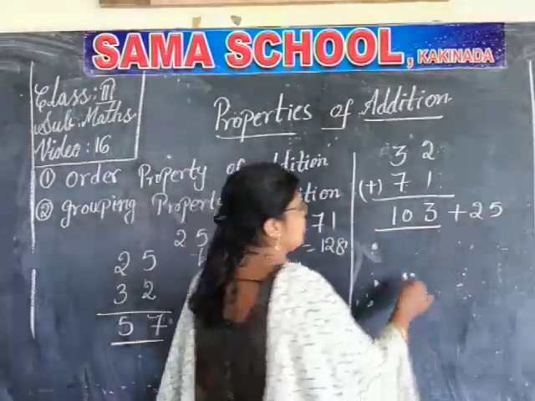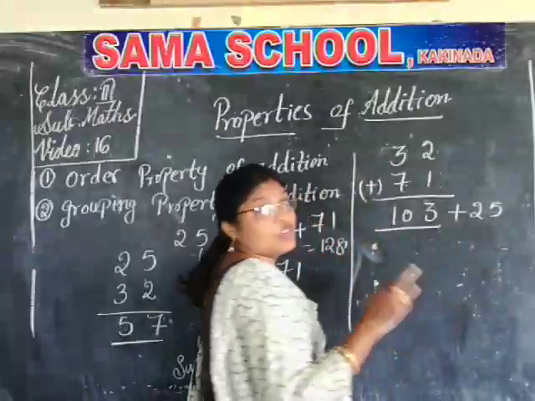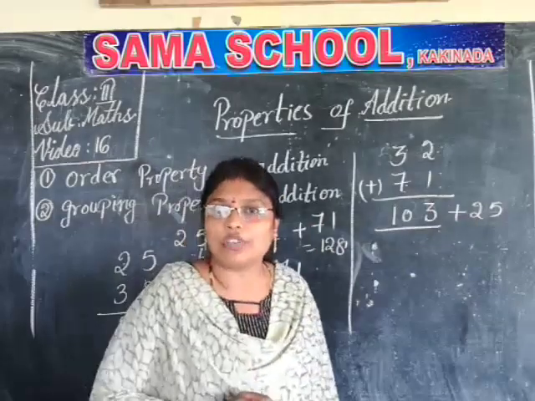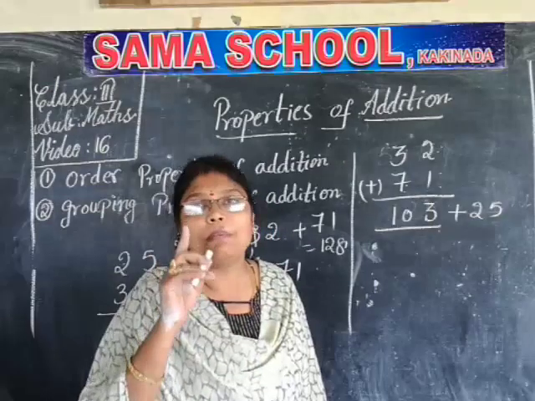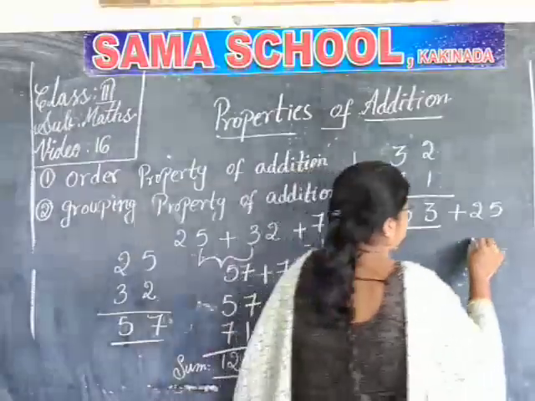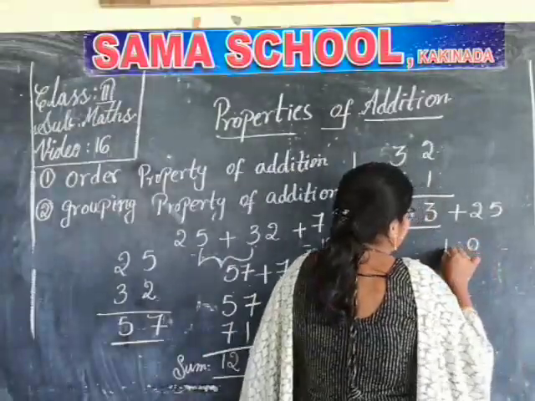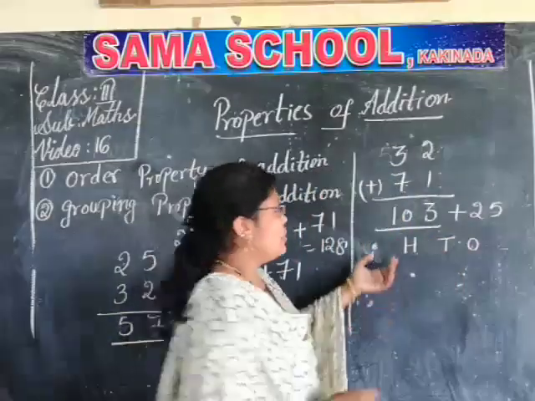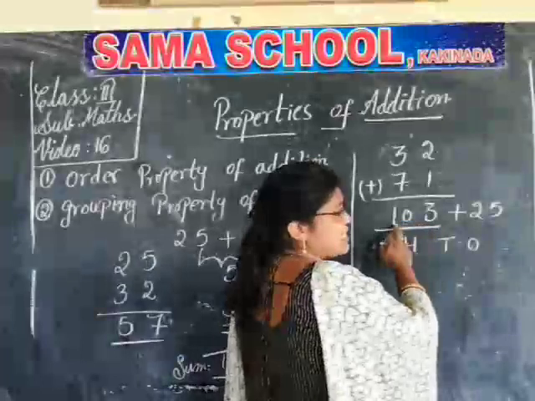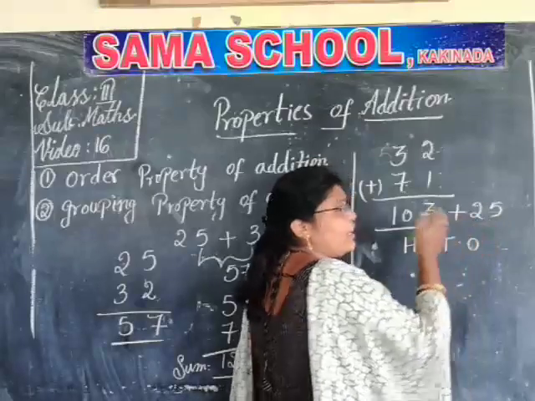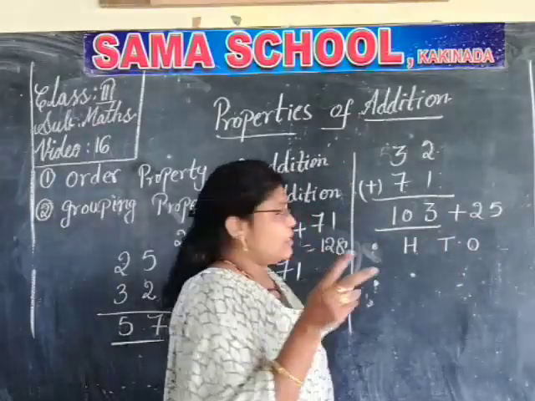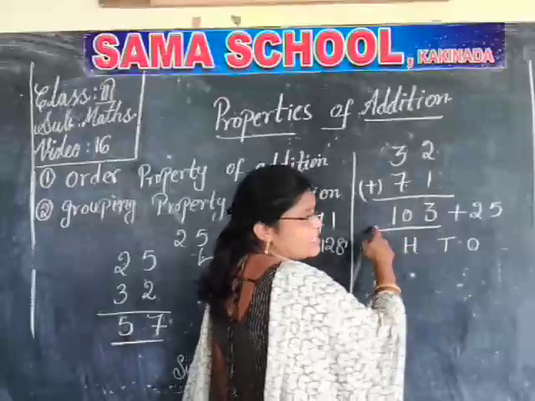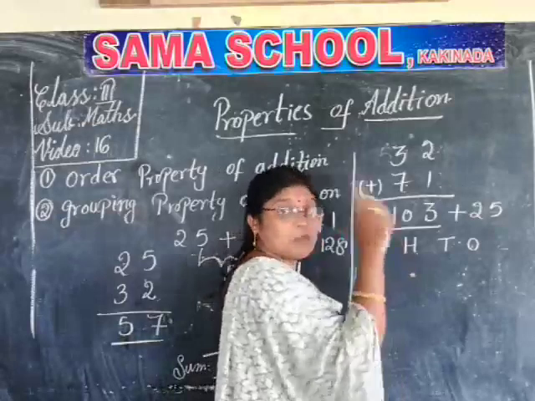First you have to arrange. I told you, children, to arrange the numbers, what do you have to do first? Write the place values: ones, tens, hundreds. Here we have a 3-digit number and here we have a 2-digit number. So I wrote till hundreds place.